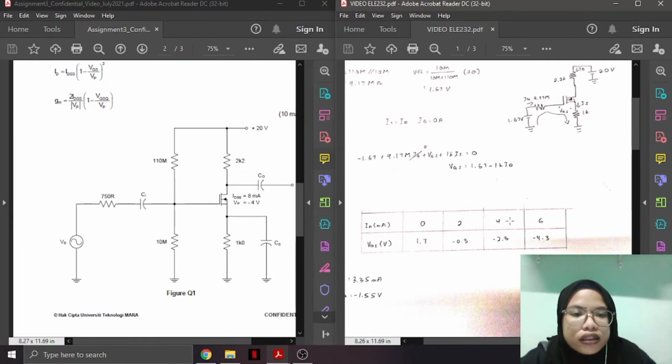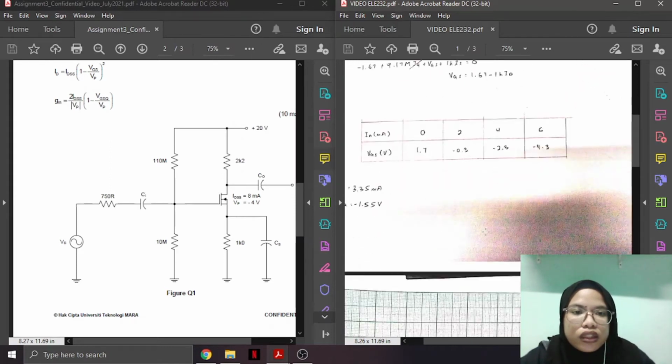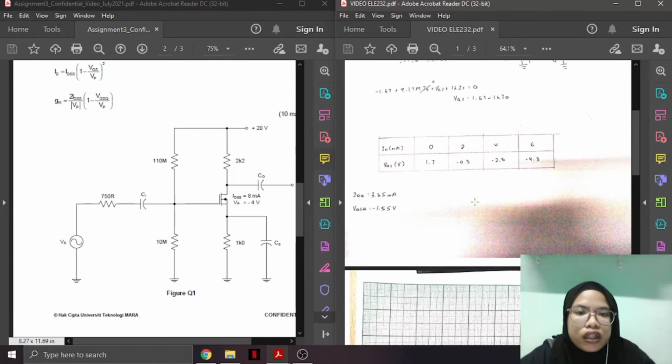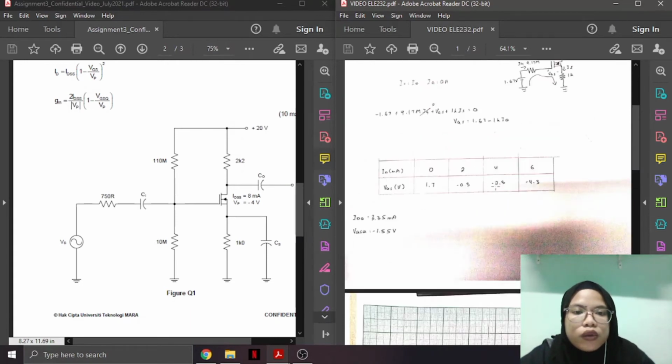When ID is 4 milliampere, the VGS is negative 2.3. And when ID is 6 milliampere, the VGS is negative 4.3 volt. After constructing this table, next we also need to sketch the graph. From this table we will get a straight line graph.